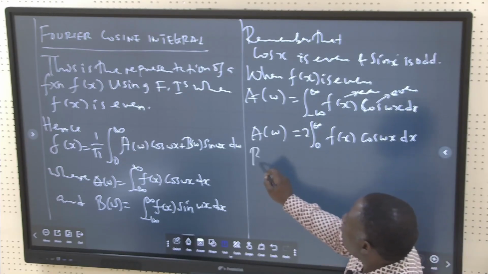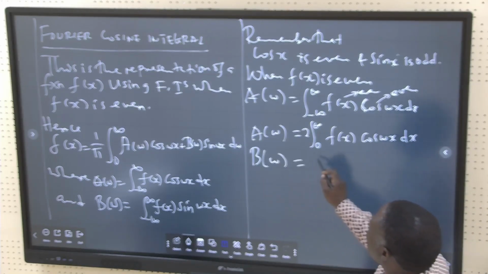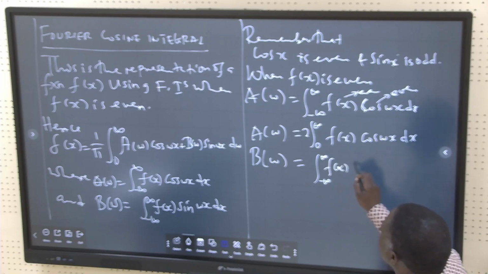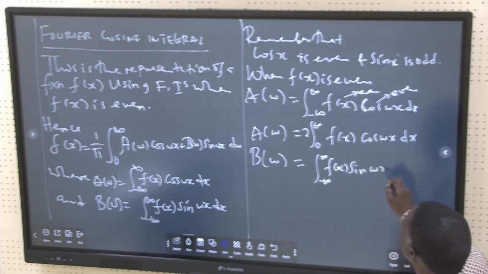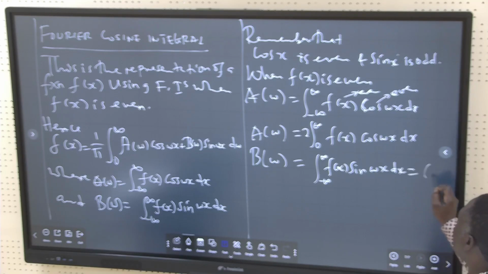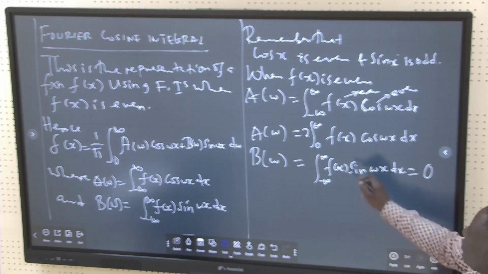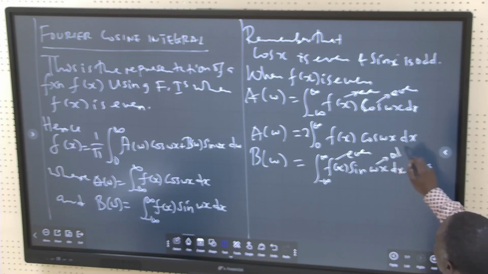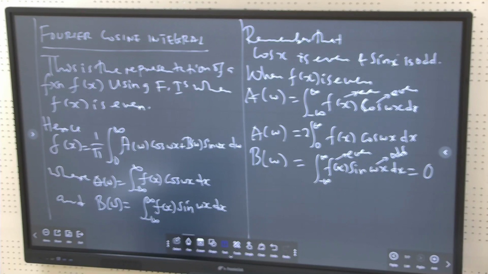And b omega will be equal to the integral from negative infinity to positive infinity of f of x sine omega x with respect to x, which will be equal to 0, since this is even and this is odd. Odd times even is an odd function.